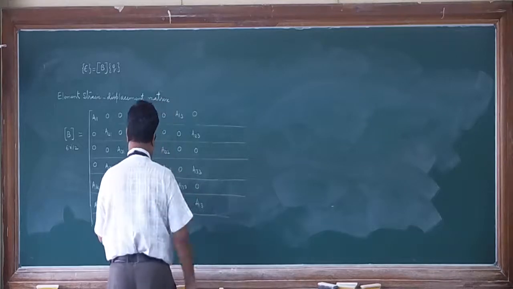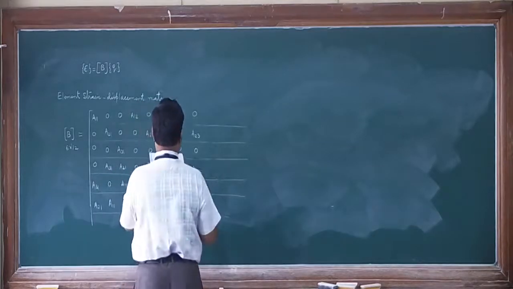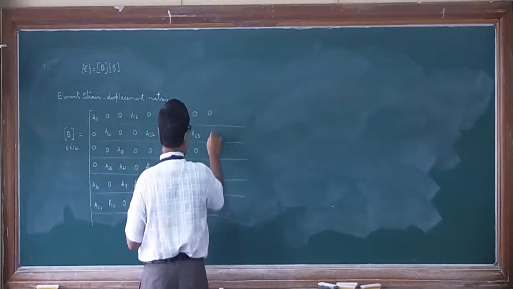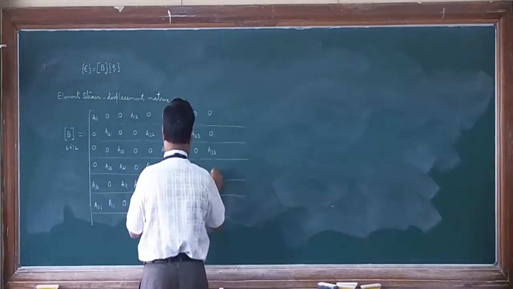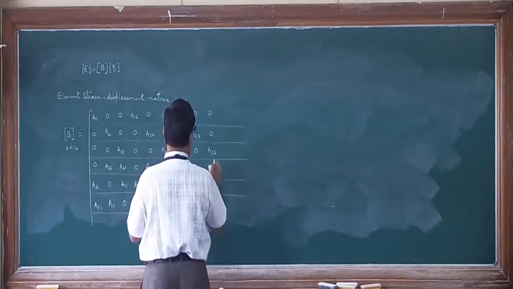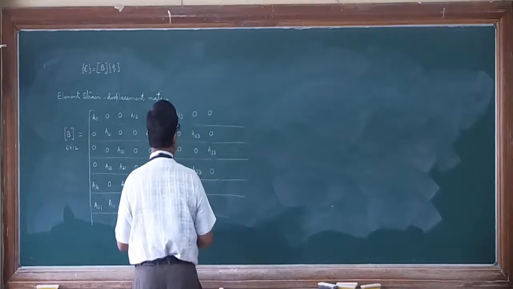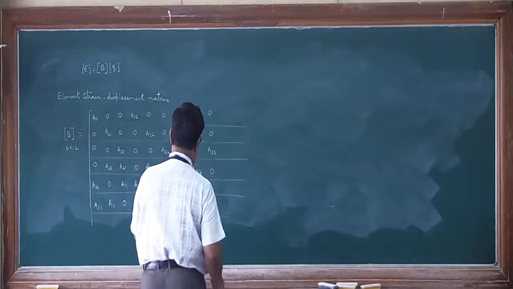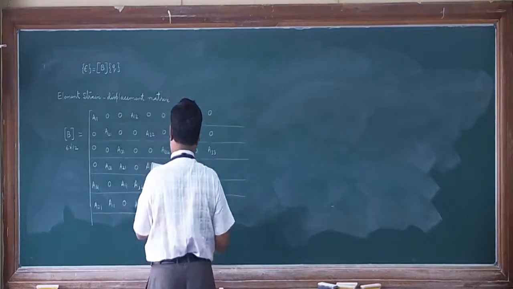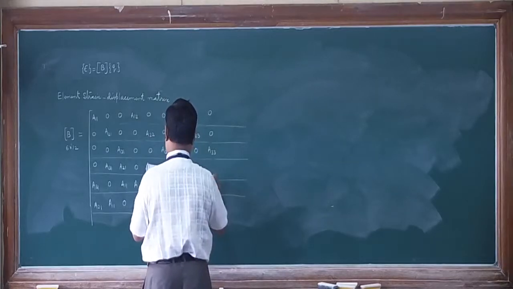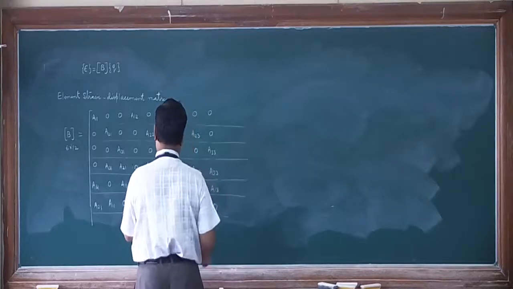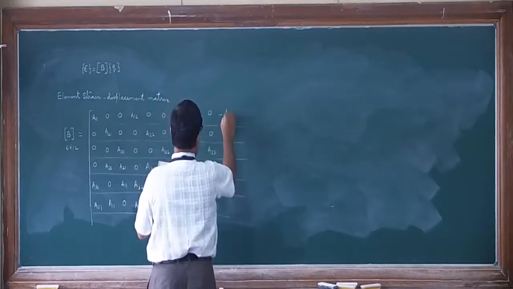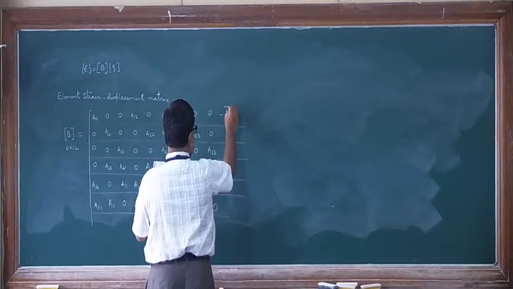Okay, then comes 0, 0, A33. Yes, this is A33, and then 0, 0, 0, A33, A23, A13, and then yeah. Next, interesting is this will be considered as A1 hash here.